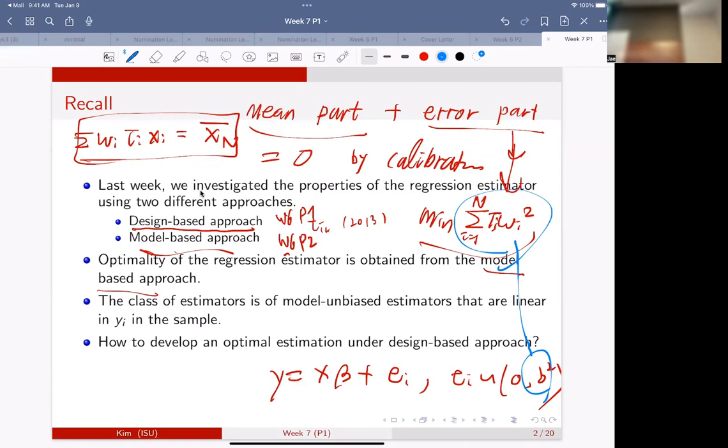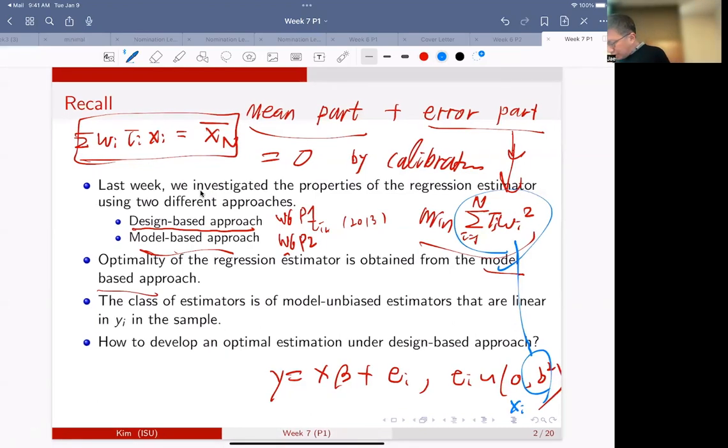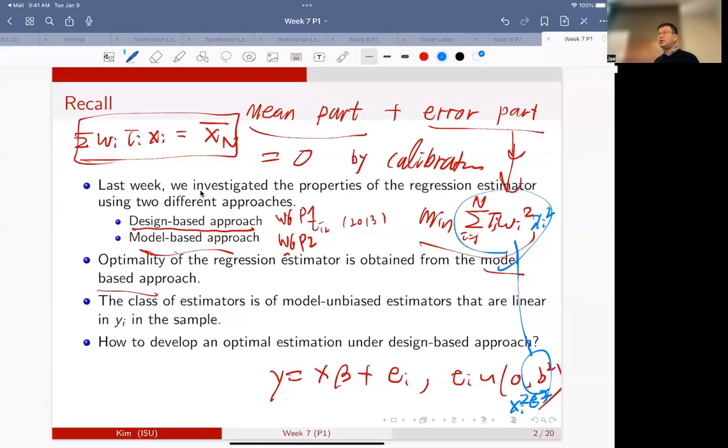But if you know that the variance is unequal, for example, suppose I know the variance is x_i square sigma square, then this is not a good criterion, right? It makes sense to use x_i square here to control the variance.